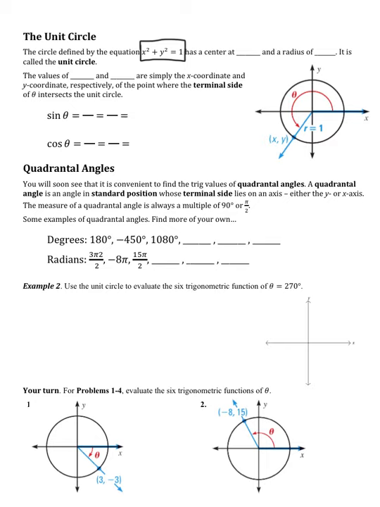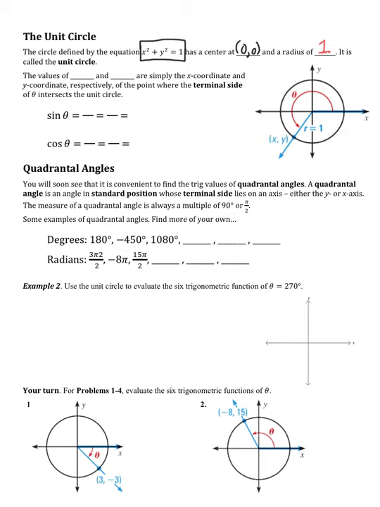The unit circle is a circle defined by the equation x squared plus y squared equals 1. Just like before, it's going to have a center of 0, 0. But what's different about the unit circle is that it has a radius of 1. That's why it's called a unit circle, because the radius is 1 unit.